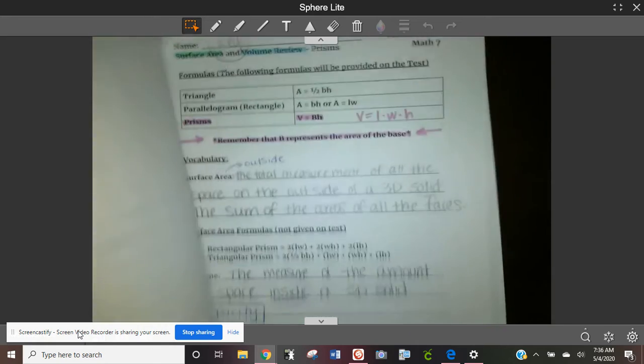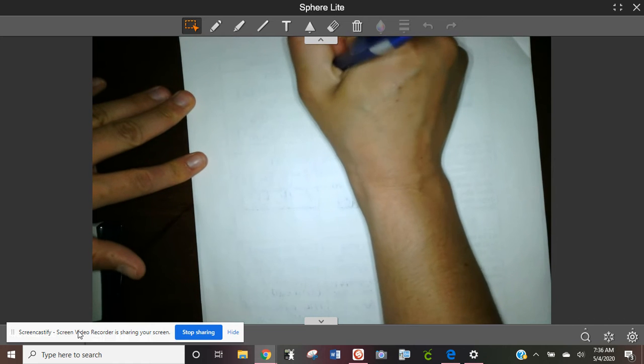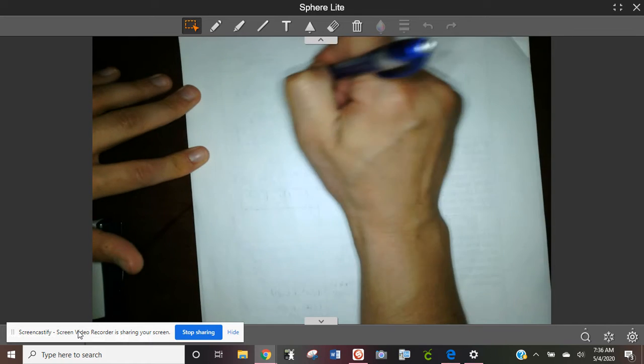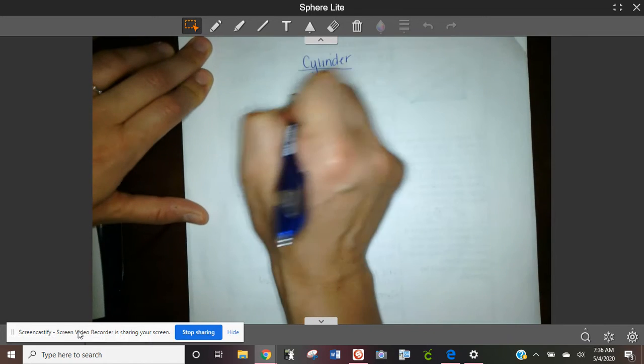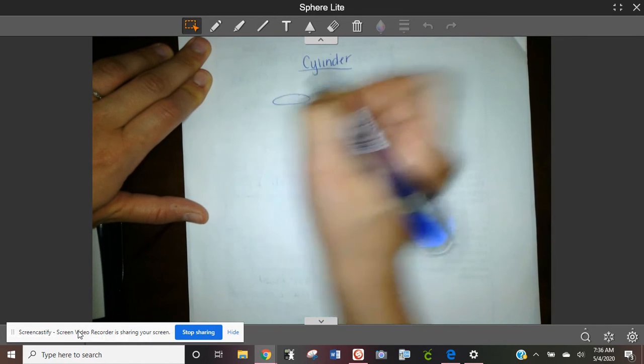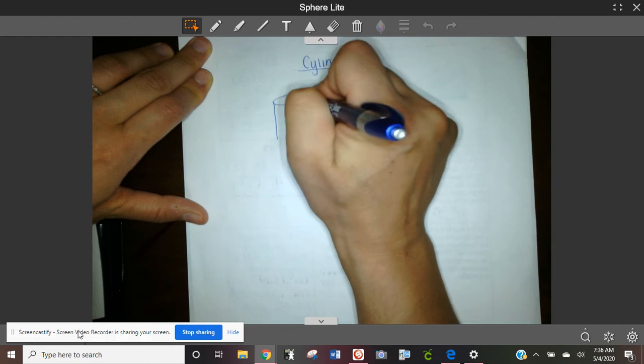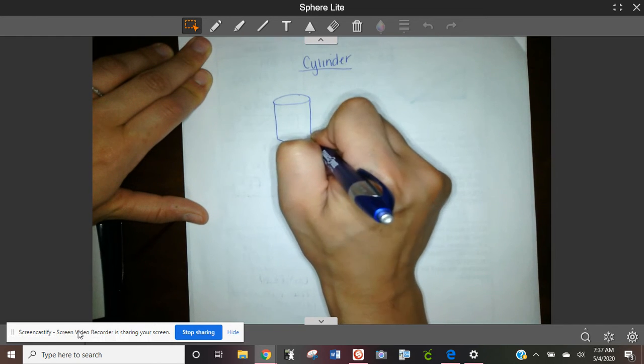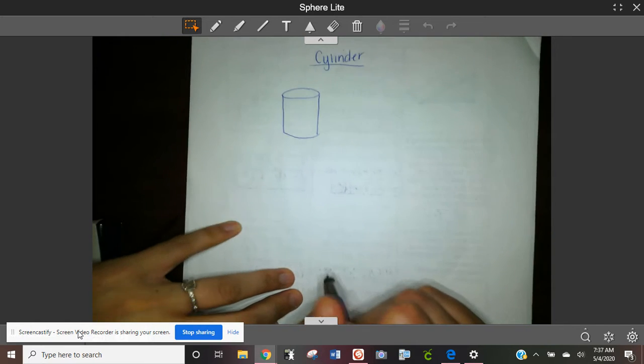Okay, so the last thing we're going to do is I am going to show you for a cylinder. Okay, so again, think of like the amount of water it would take for your hydro flask. So this is just like an extension. Okay, so let's say, all right, sorry, I'm no artist, but here we have our cylinder.